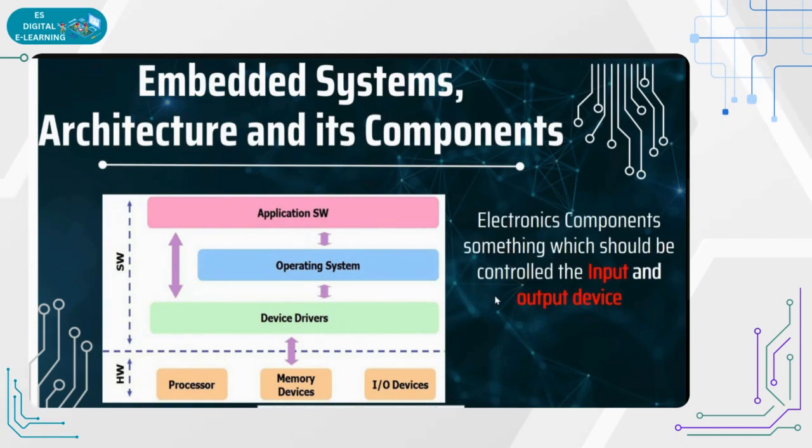Here, the hardware captures the inputs and outputs of data. Input comes from the sensors, it will take the data, process the data, and give the output. So the hardware is a combination of all the electronic components.